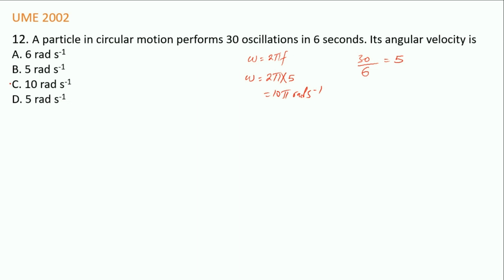I don't think JAMB does negative marking, so if they don't, please just pick the closest to it. I'm almost certain I made no mistake here. The correct answer is 10 pi radians per second. But if I were you in the exam hall, I'd check option C. So that is for that.